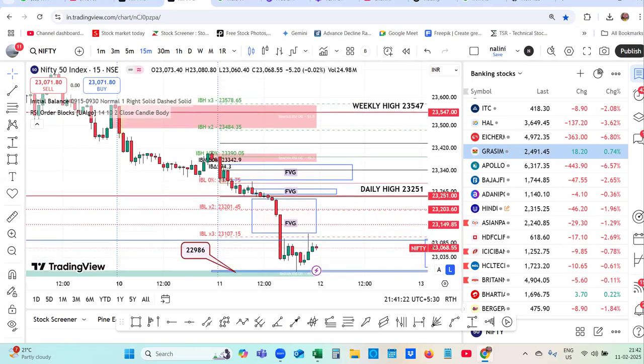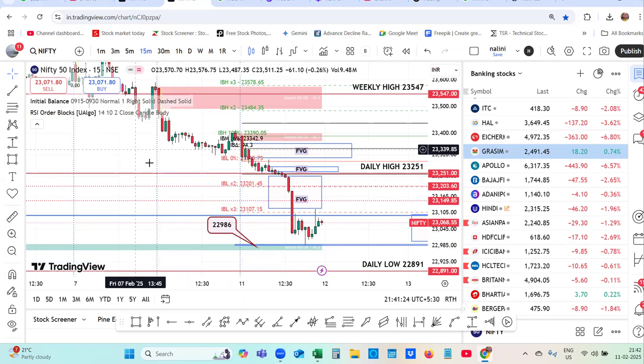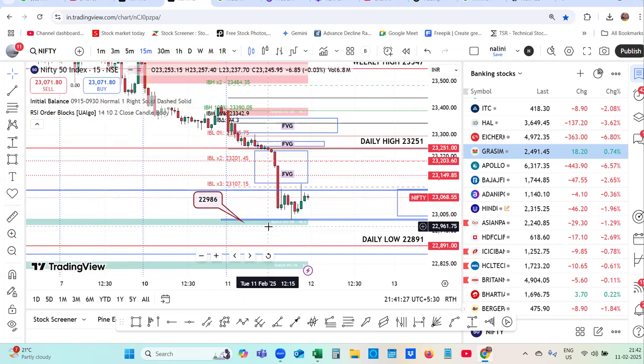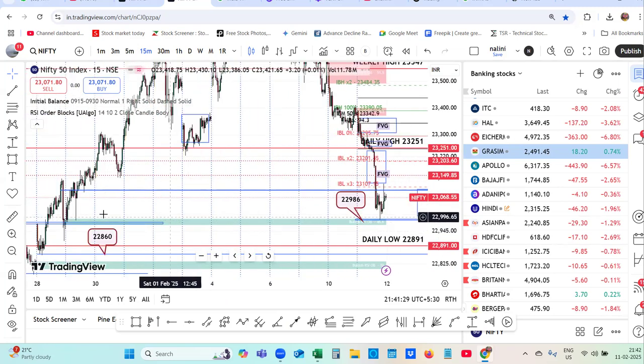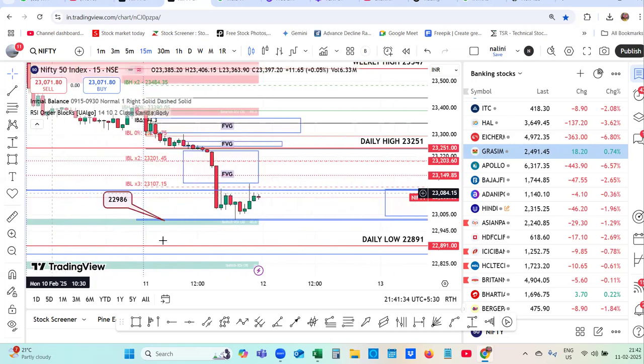There was a continuous down move. There was a bullish order block present over here, because on the left side the market had rallied from that level. That's why this order block has been plotted. There was a rejection candle around this area. Around 230, 245, the market stopped its down move and started recovering. Short covering took place.